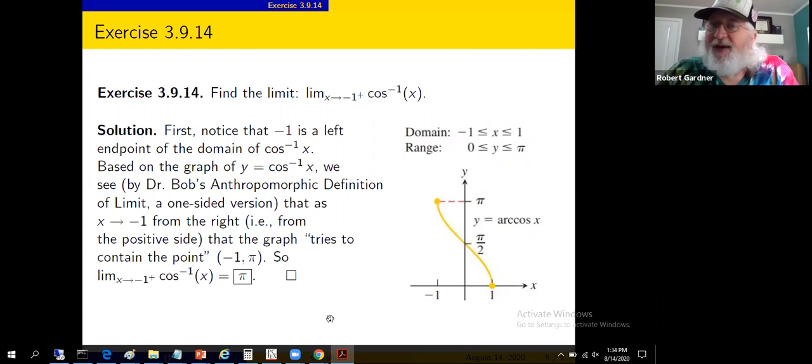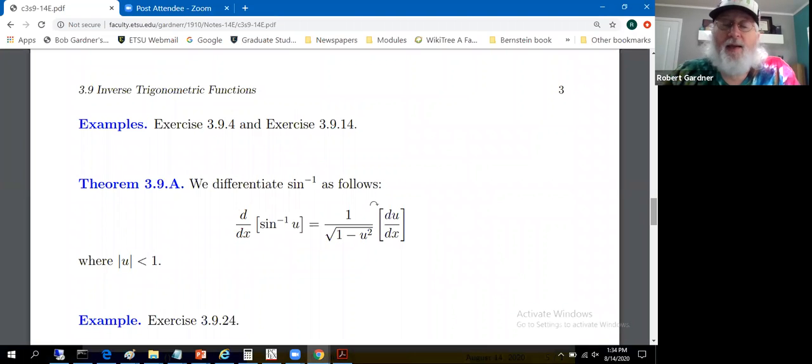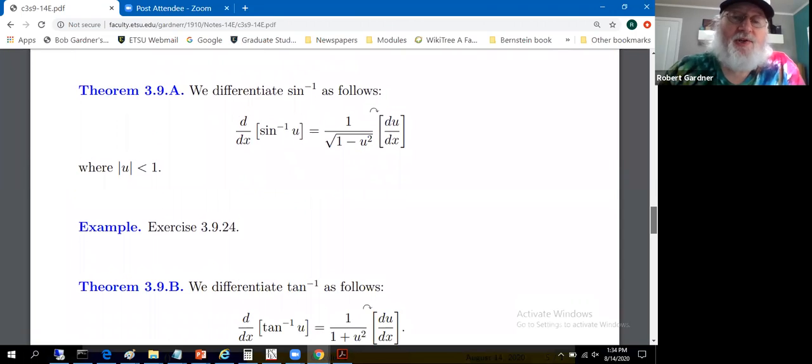So easy enough if you've got the graphs and you think about trying to pass through or trying to contain points in the case of one-sided limits. Let's go back to the notes and deal with some differentiation.